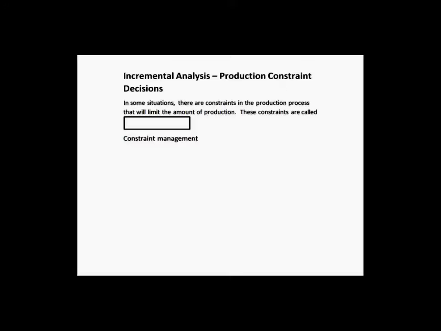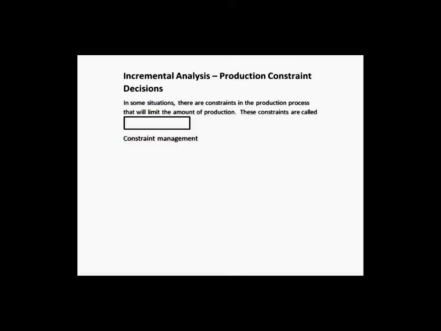Now, in the case of production constraints, it's kind of similar. A production constraint is anything in the production process that can actually constrain the production capacity of the company. Let's assume that we have a machine that can produce 500 units of a product per day, and all the other machines can produce 1,000 units per day, yet that machine that produces 500 units per day is critical to the production process.